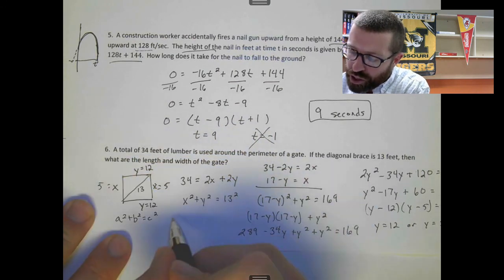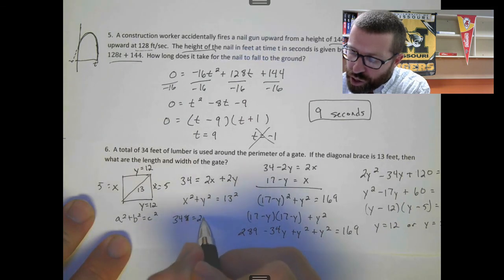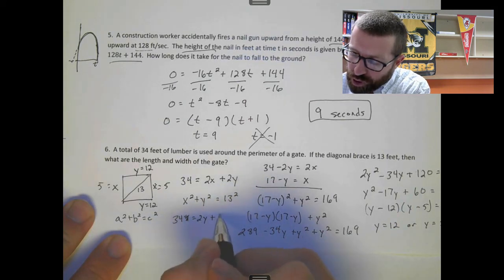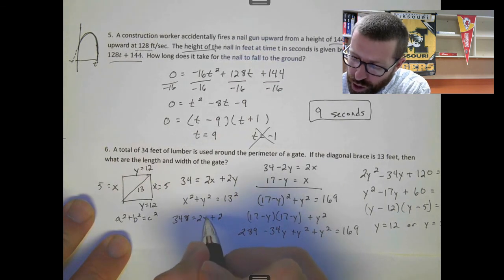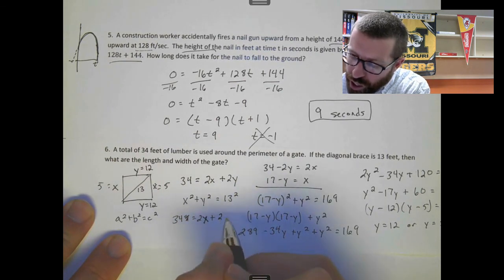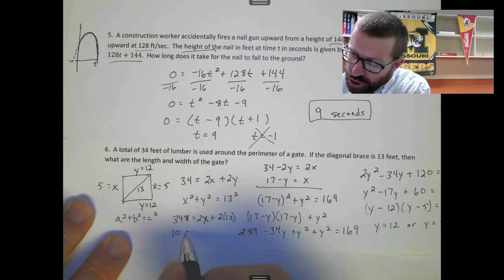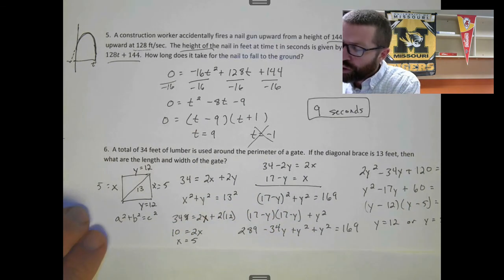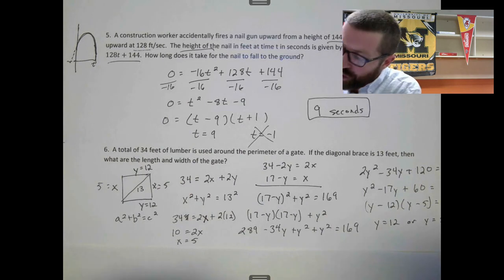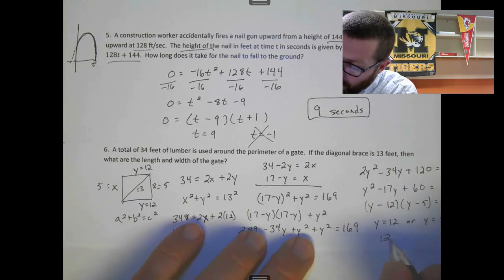And if you want to plug that in, you can. 34 is equal to 2x plus 2y, which we said was 12. Then 10 is equal to 2x, and x is equal to 5. So the length and the width of the gate is 12 feet by 5 feet.